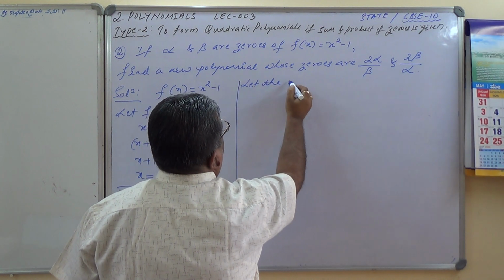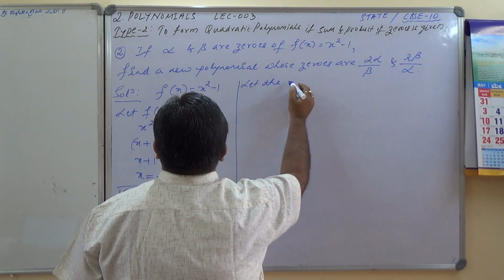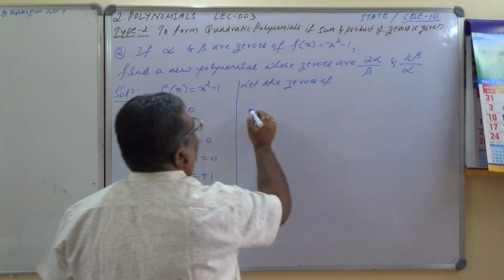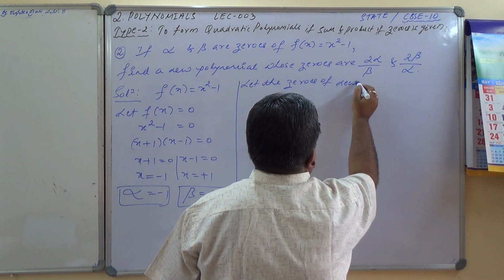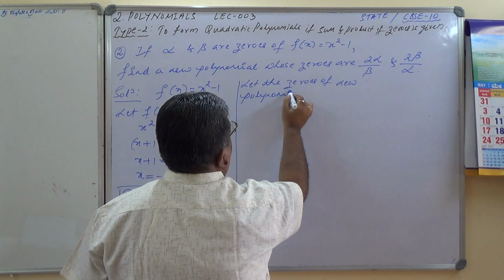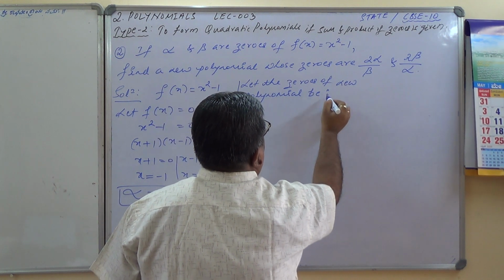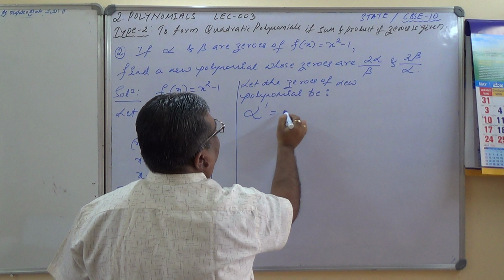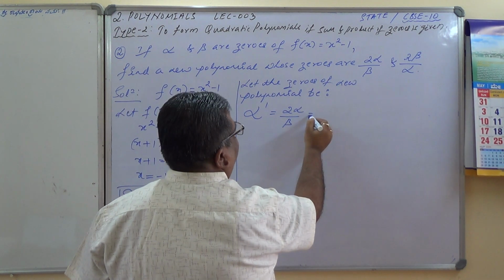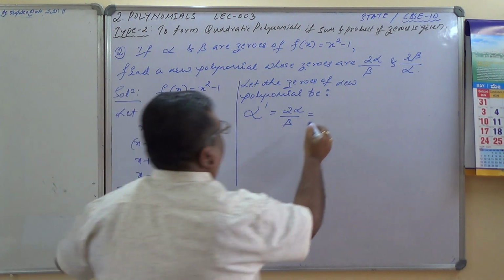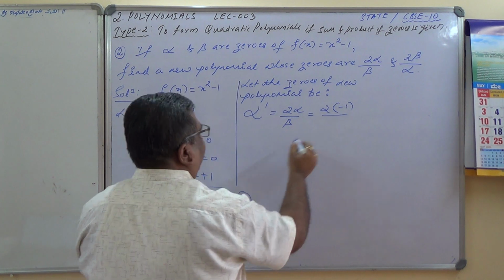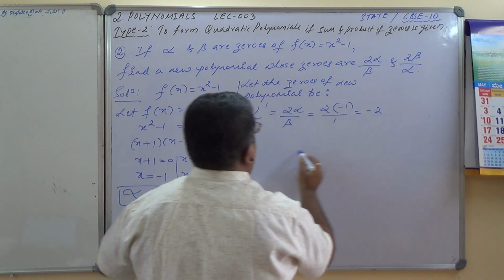Let the zeros of new polynomial g be alpha dash equals 2 alpha by beta, which is given to us, which is equal to, substitute the values here, 2 times alpha is minus 1 divided by beta is plus 1, which equals minus 2.